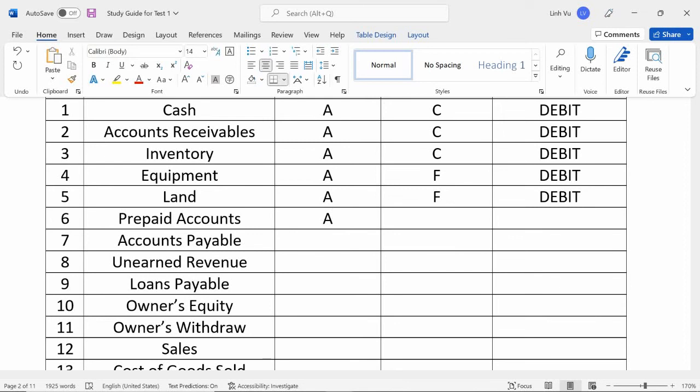Now, what kind of asset? A current. In this case, if you paid rent to your landlord, will you be able to get it back? No. So it can't be current, because you can't instantly convert it into cash.